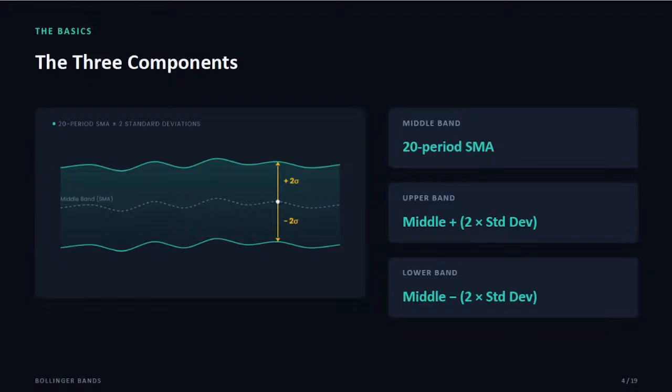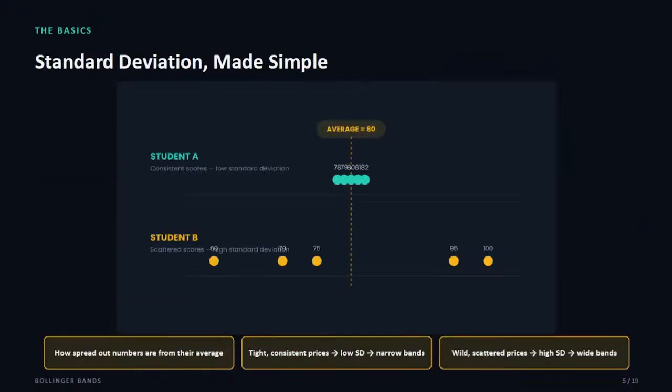It really isn't. Standard deviation is just a way of measuring how spread out a set of numbers is from their average. That's genuinely the whole concept. Here's an everyday example. Imagine 2 students who both average 80% on their tests. Student A scored 78, 80, 82, 79, and 81.